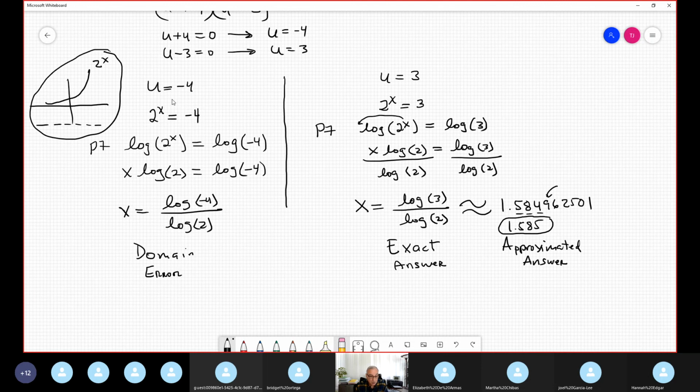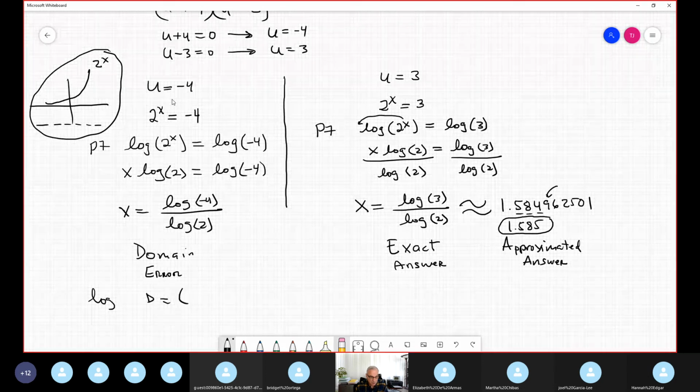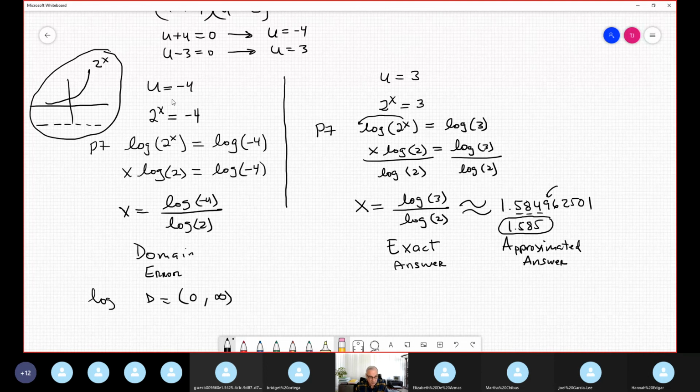Because remember the domain of the logarithm function is from 0 to infinity. So only positive, not including 0. So logarithm of 0 is out of the domain. Logarithm of a negative, of course, is super out of the domain. Logarithm is only computed for a positive number, never for a negative number or 0.